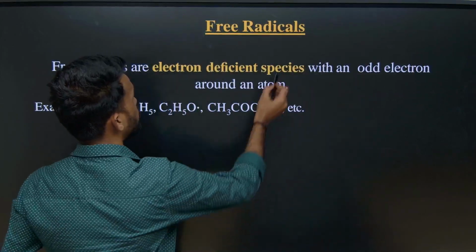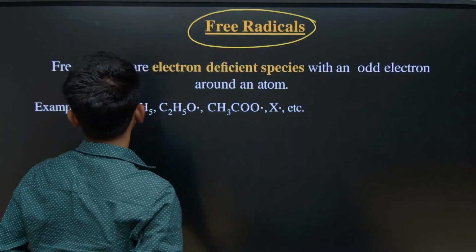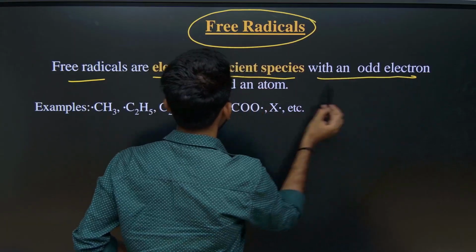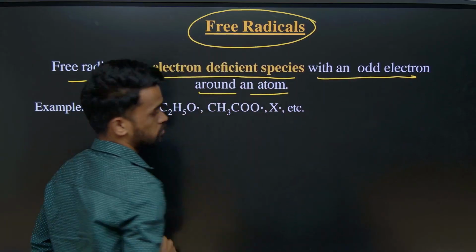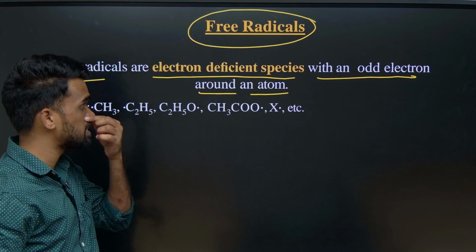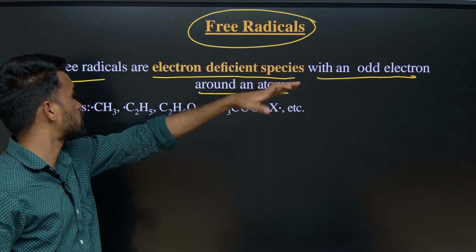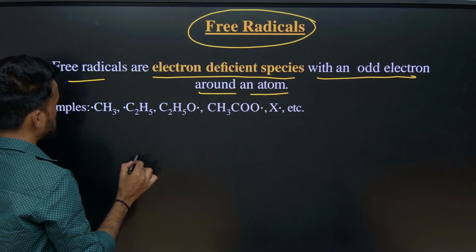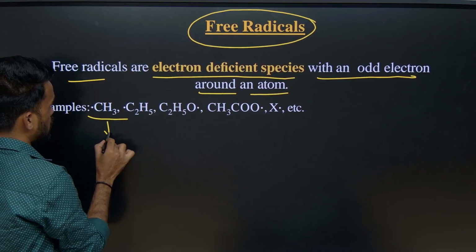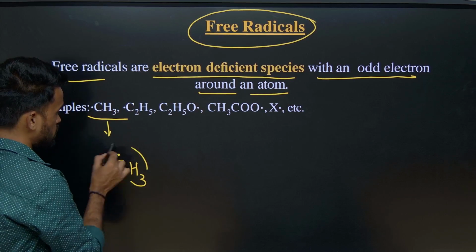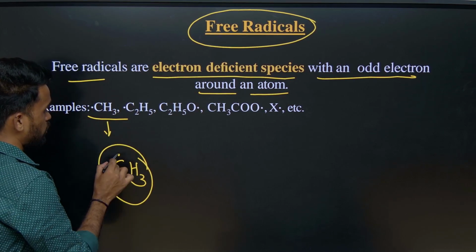Next we have free radicals. Free radicals are electron deficient species with one odd electron on the atom. We just discussed the CH3 radical, the carbon free radical. This is the methyl free radical, which has one odd electron.